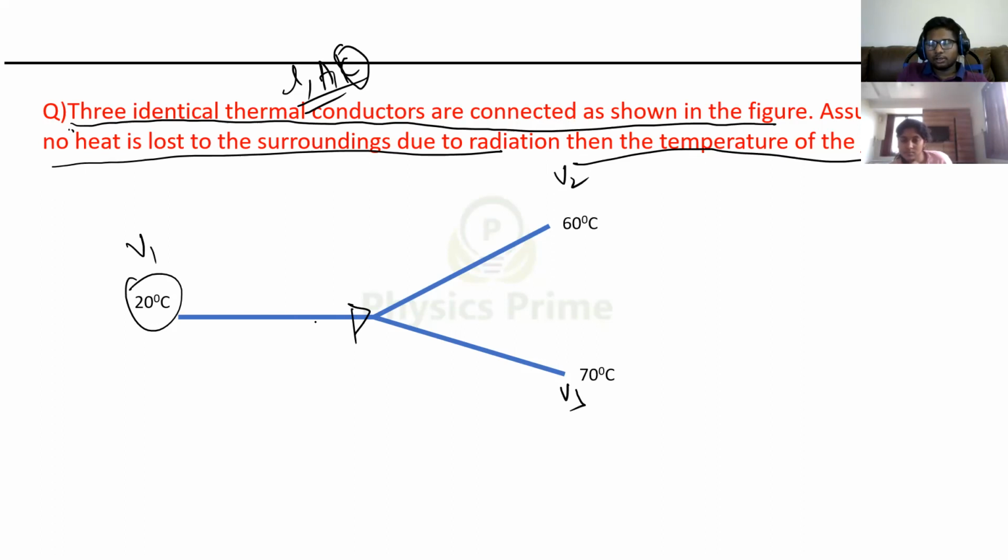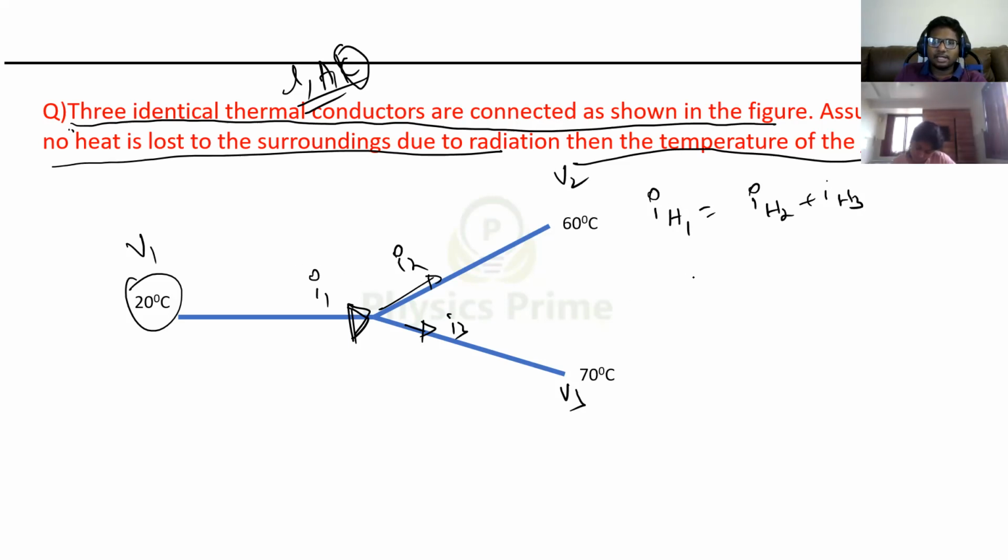If you have studied current electricity, it is good. Otherwise, you can understand that the current coming in this wire should be distributed into the other two. I1 is equal to I2 plus I3. Similarly, here can I write this as IH1 is equal to IH2 plus IH3.